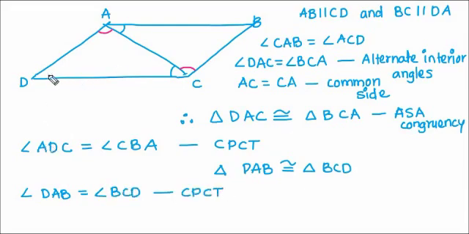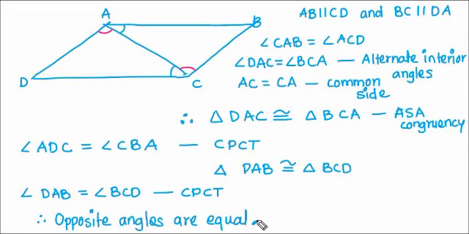So which means we have proved that this angle is same as this angle and this angle is same as this angle, and they are opposite angles. So another property of a parallelogram is opposite angles of a parallelogram are equal.